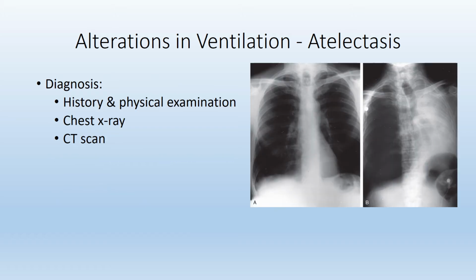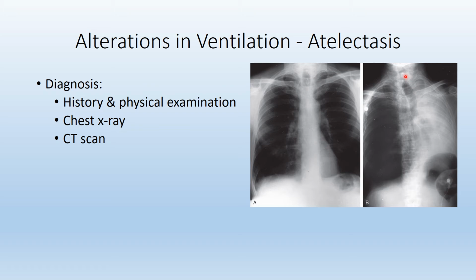Okay. Diagnosis: we're going to take a patient history, asking them about any recent events that have happened, and then collect a physical manifestation list, and then we're likely going to perform a chest x-ray. If we look at this x-ray, you can see a full lung indicated by the black, right? So the left and right lungs are there, and then we have a lung over here that is collapsed. So we have an atelectasis happening right here.